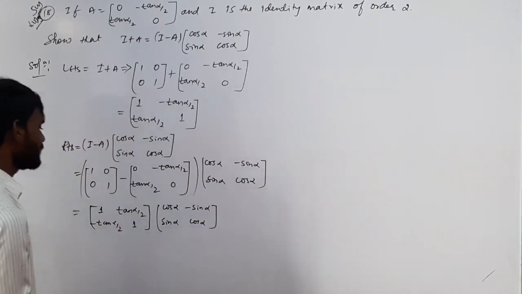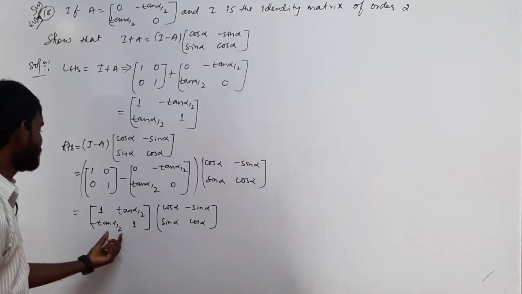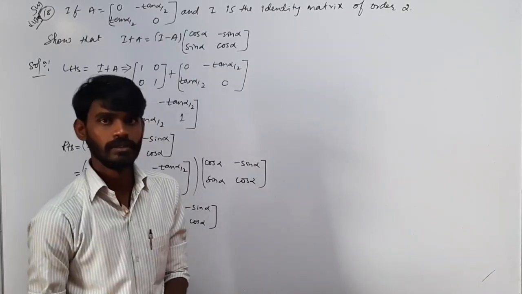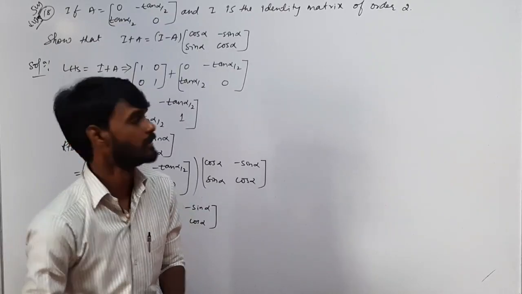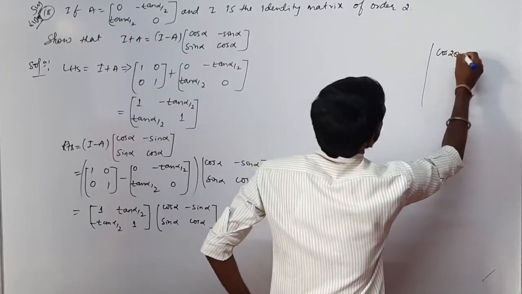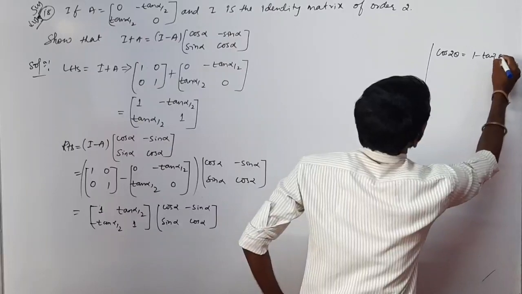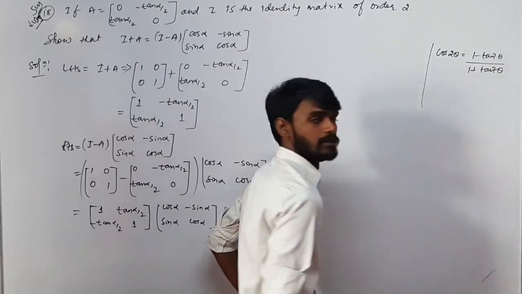Look here, friends, I am going to change this a little bit, because in this matrix tan is there, and here cos and sin are there. We already know the multiple and submultiple formulas. Cos 2 theta in terms of tan is 1 minus tan square theta divided by 1 plus tan square theta.